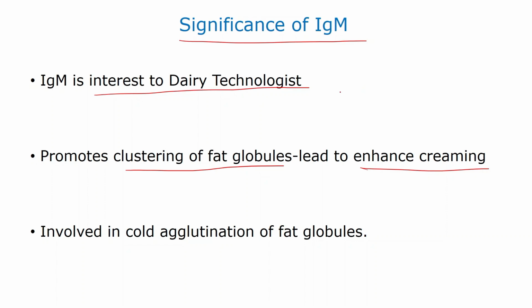Since the size of the fat globules increases, the velocity will increase, that is, the velocity is directly proportional to the r square. The more the radius, the more the velocity of rise. That is to say, creaming will increase, and hence it is involved in the cold agglutination of the fat globules. So IgM is the most significant to the dairy technologist.